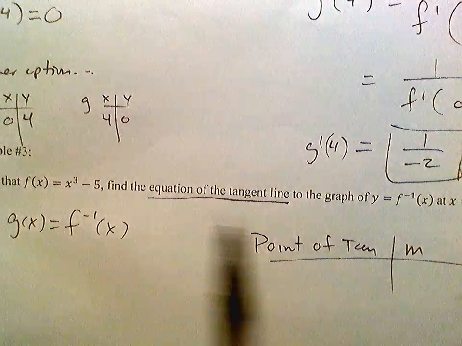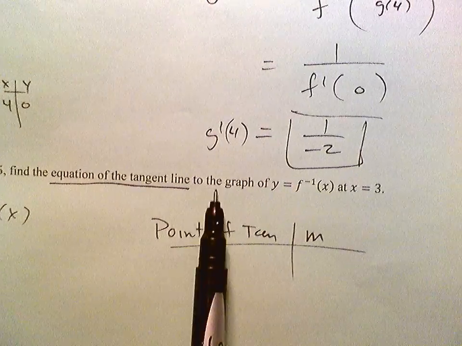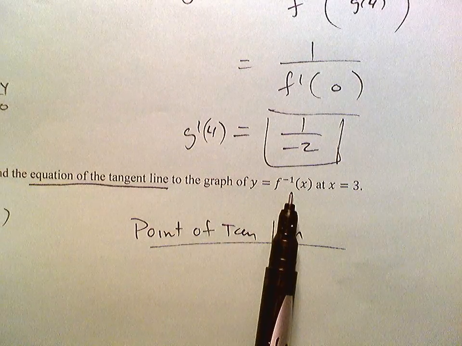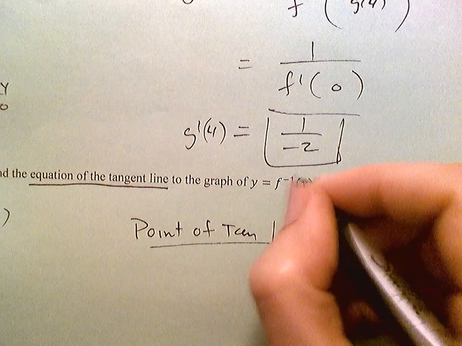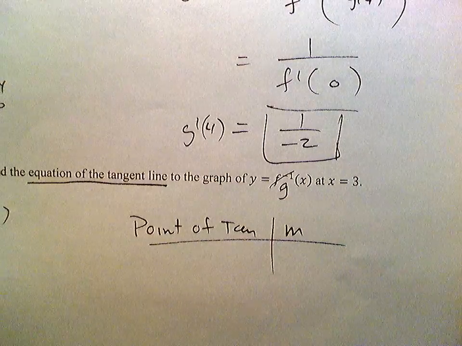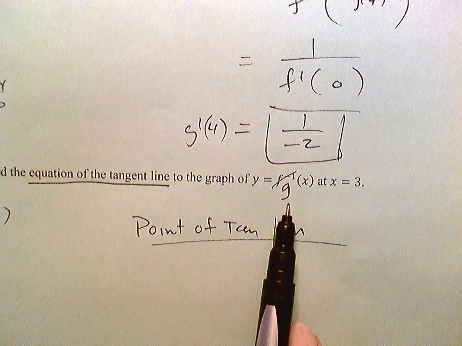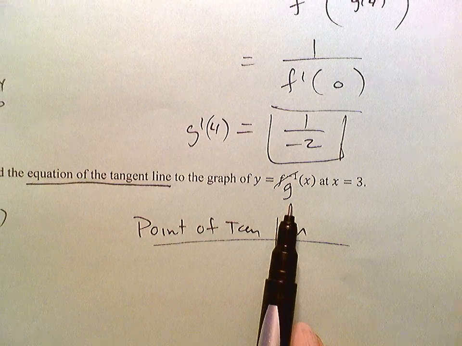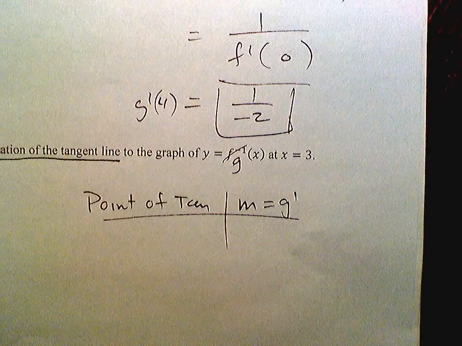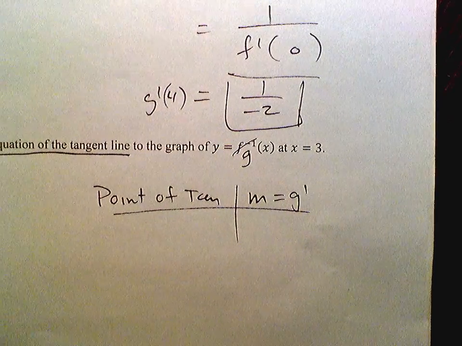Now, they're asking us for the tangent line to the graph of f inverse, which we called g of x. So the derivative of g is what's going to give us the slope of the tangent line for any point on it. So this slope is going to be given by g prime.